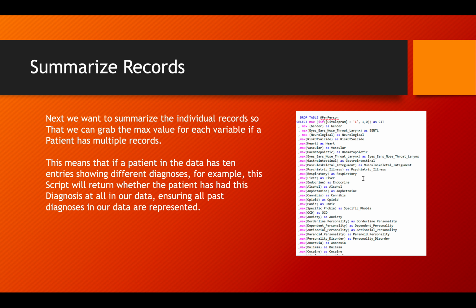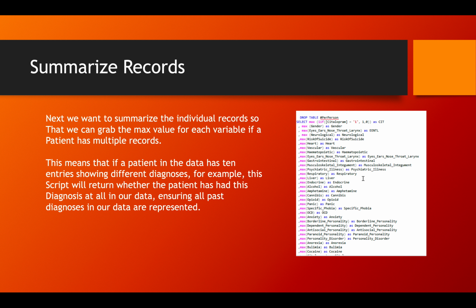Next, we're going to summarize the records. So we want to summarize the individual records so that we can grab the maximum value for each variable if a patient has multiple records. Now, keep in mind that we have these records in binary form. And so that means that if a patient in the data has, say, 10 entries showing different diagnoses throughout our data, this script will return whatever the patient has had for the diagnoses in the data.